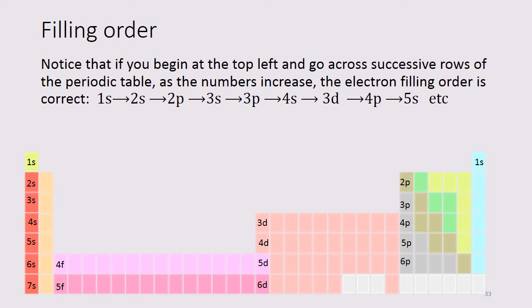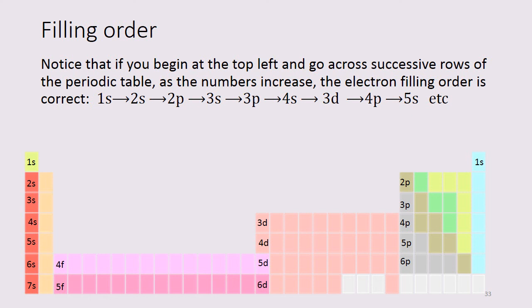So notice now, if you start following the periodic table, the first 2 electrons are in the 1s, and then the next 2 are in the 2s, and then you come to the 2p's, then the 3s's, then the 3p's, then the 4s's, but notice that the next thing after the 4s's are the 3d's, then the 4p's, then the 5s's.